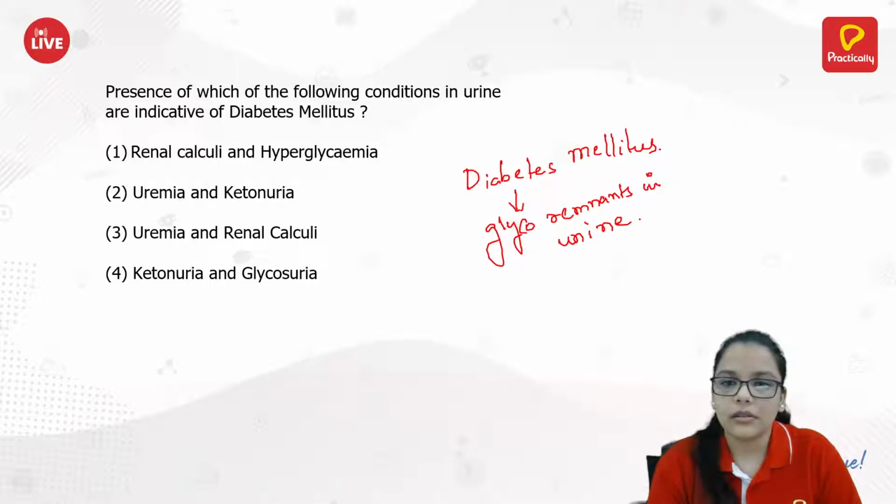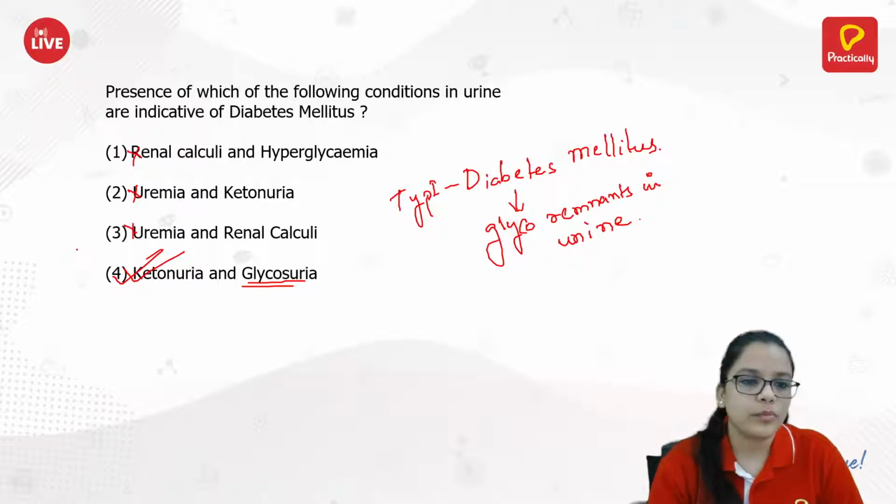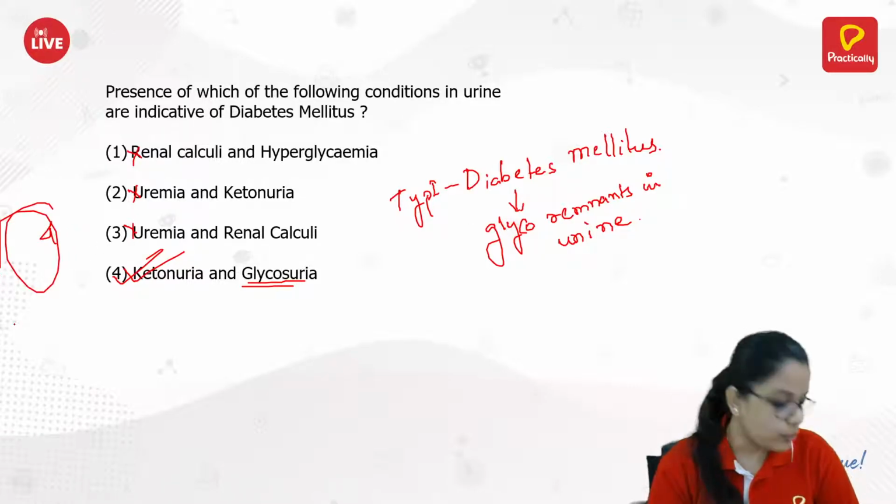Okay, so renal calculi and hyperglycemia, no. Uremia and ketonuria, no. Uremia and renal calculi, no. It is ketonuria and glycosuria. This is the answer. Okay, type 1. So the answer is 4.